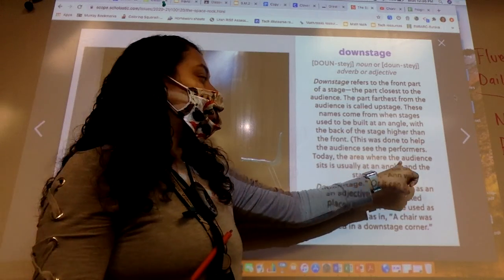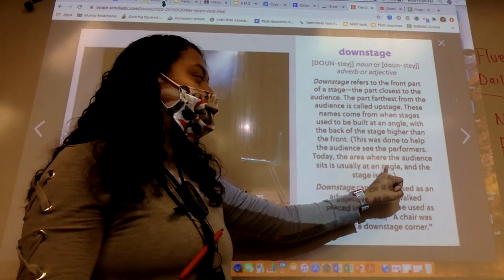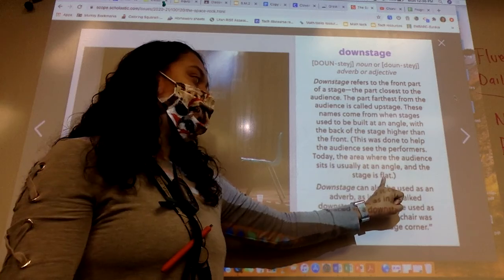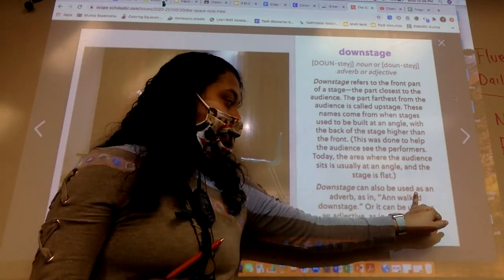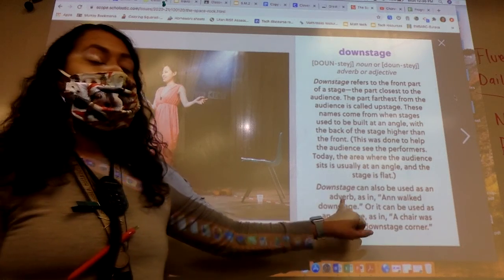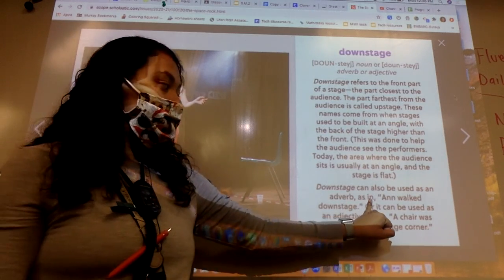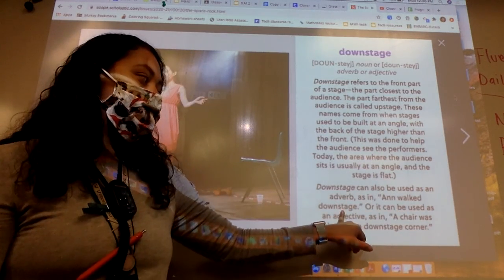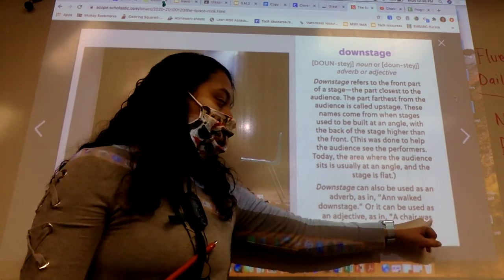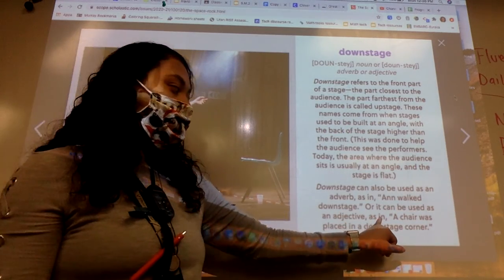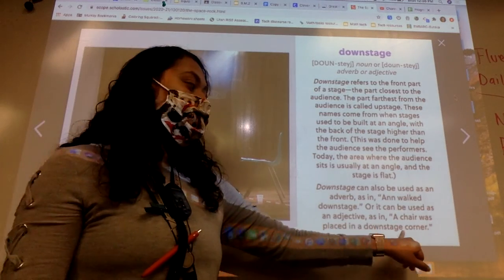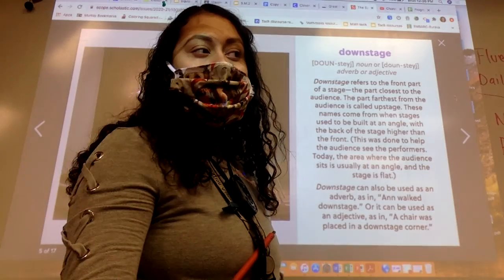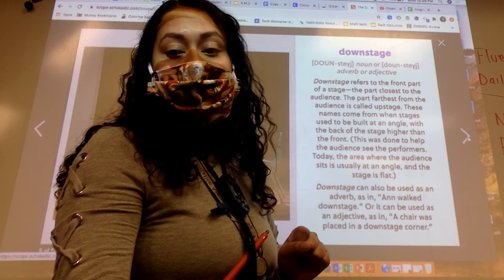Today, the area where the audience sits is usually at an angle and the stage is flat. So downstage can also be used as an adverb, Elian, as in, Anne walked downstage. Or it can be used as an adjective, as in, a chair was placed in a downstage corner. Okay?